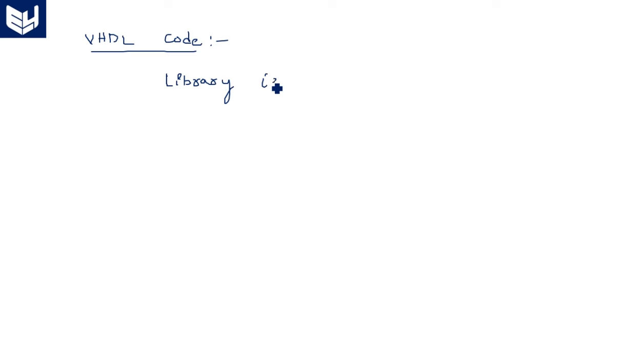Library IEEE; use IEEE.std_logic_1164.all. Then entity and architecture, these are the two important parts of the VHDL code.